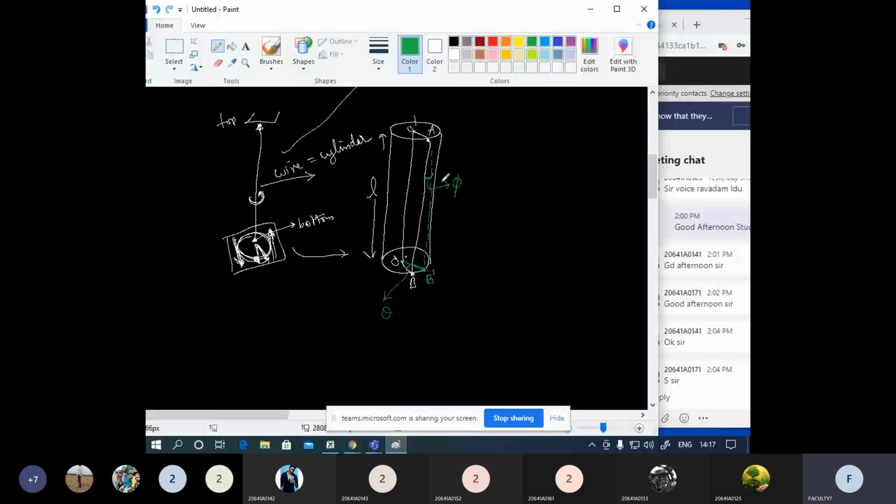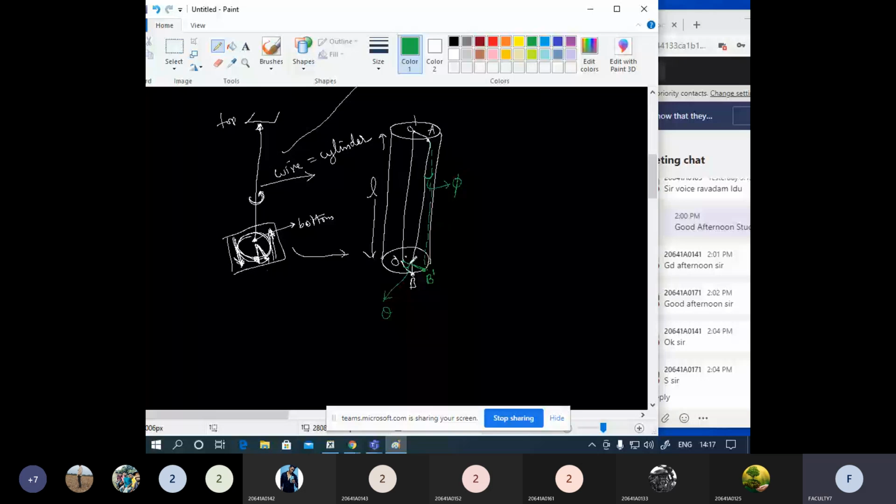Depending on that, we are going to explain the derivation part. Here you are going to get a triangle formation, and here also you are going to get a triangle formation. Before going to see that, let us see a few more points.